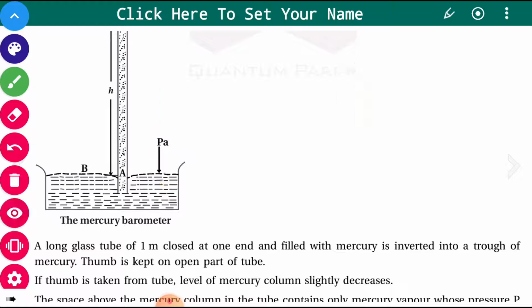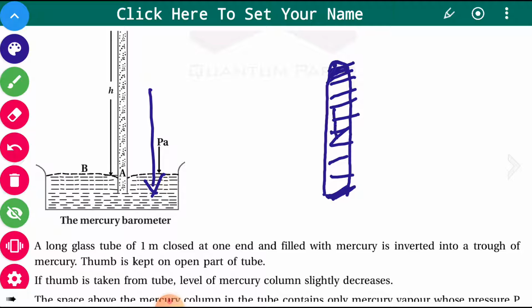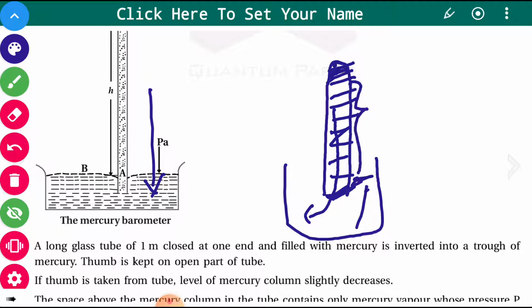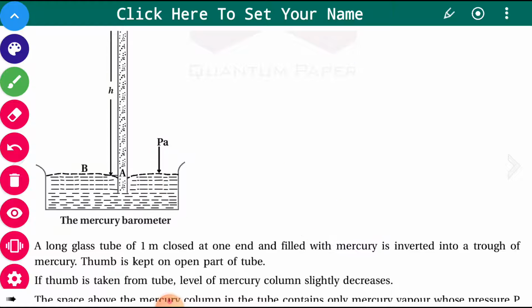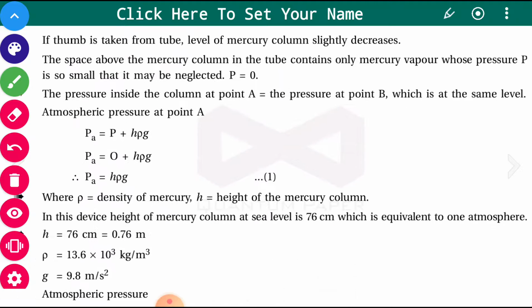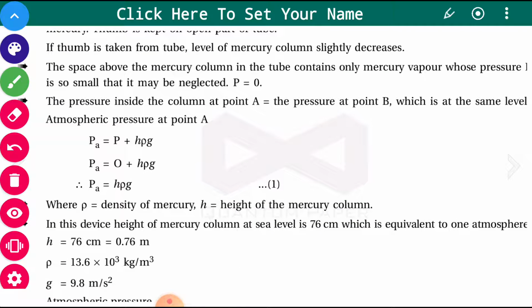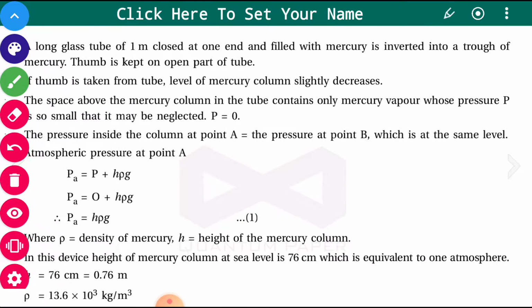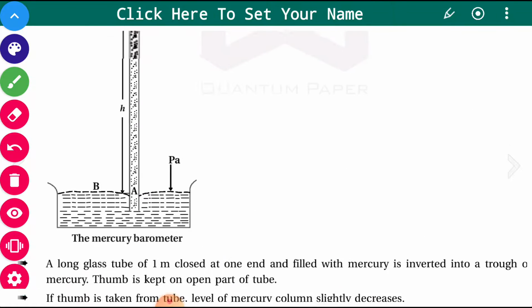Then the mercury inside will slightly come out into this vessel, and a certain height is adjusted by the mercury in this vertical tube. If the thumb is taken from the tube, the level of the mercury column slightly decreases. The space above the mercury column in the tube contains only mercury vapor whose pressure is P, and it is very small. Try to understand here.